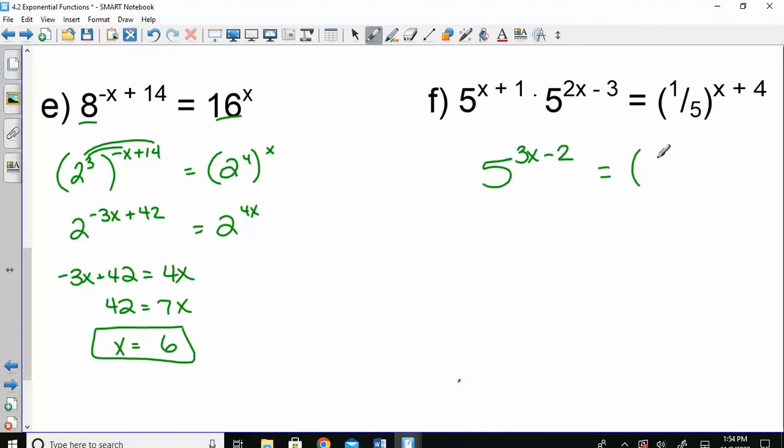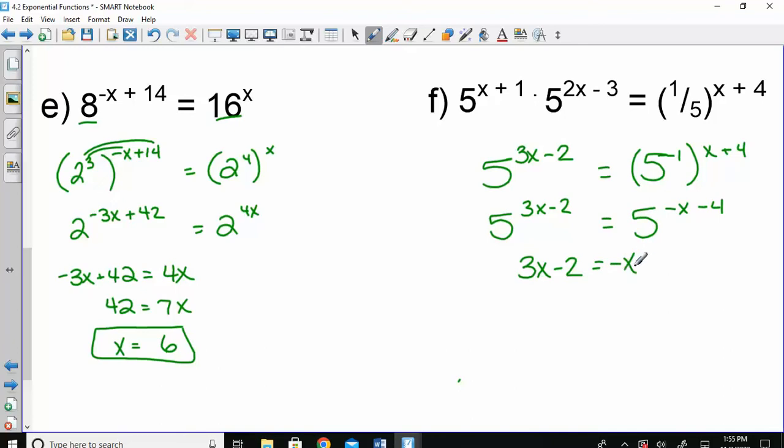On this side, my base is 1/5. How could I change that? To the negative 1. Equals negative x minus 4.